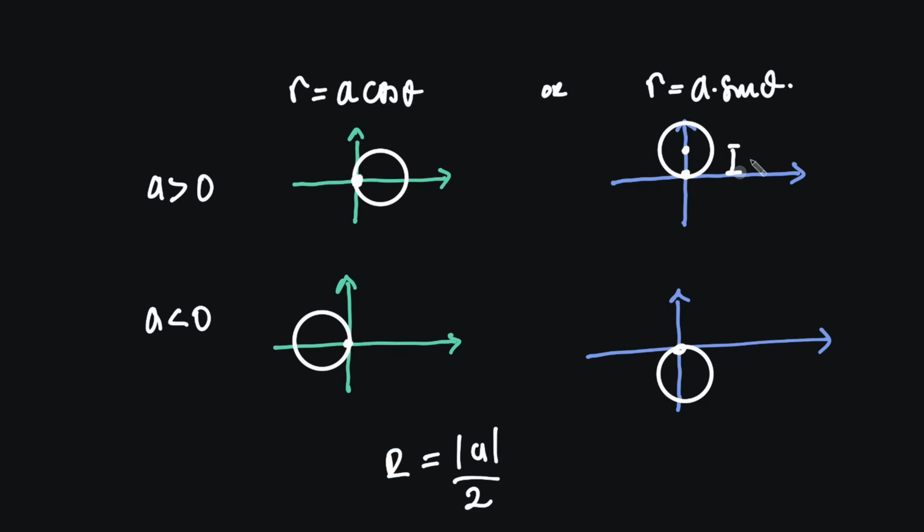That means positive a, always positive, divided by 2. And that will happen in each one of these equations. Understood?